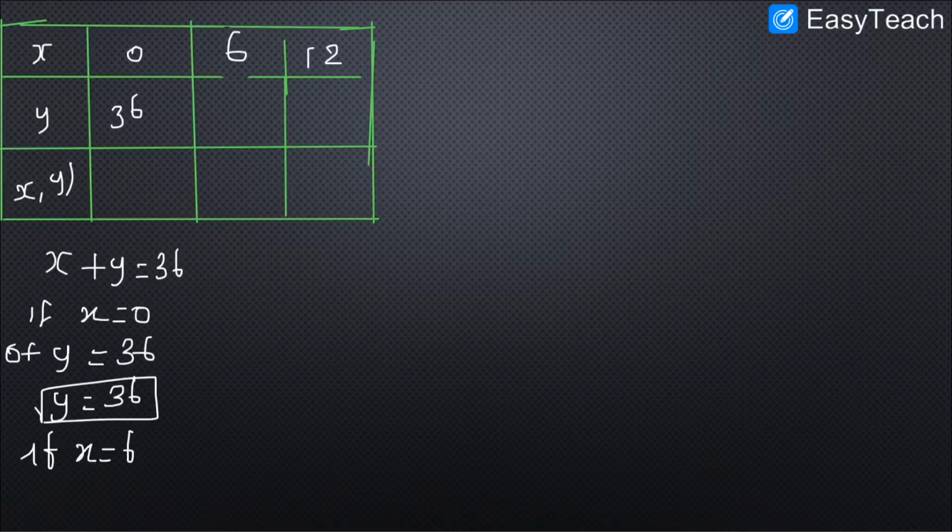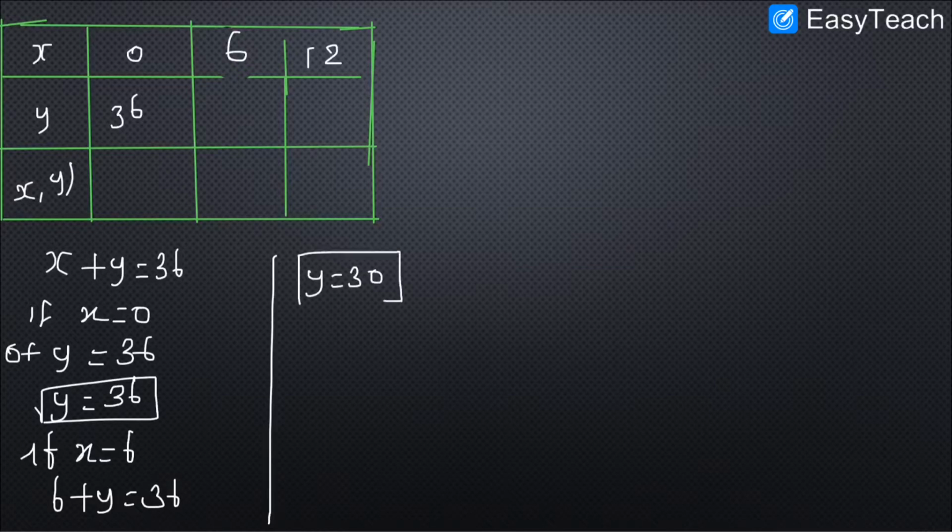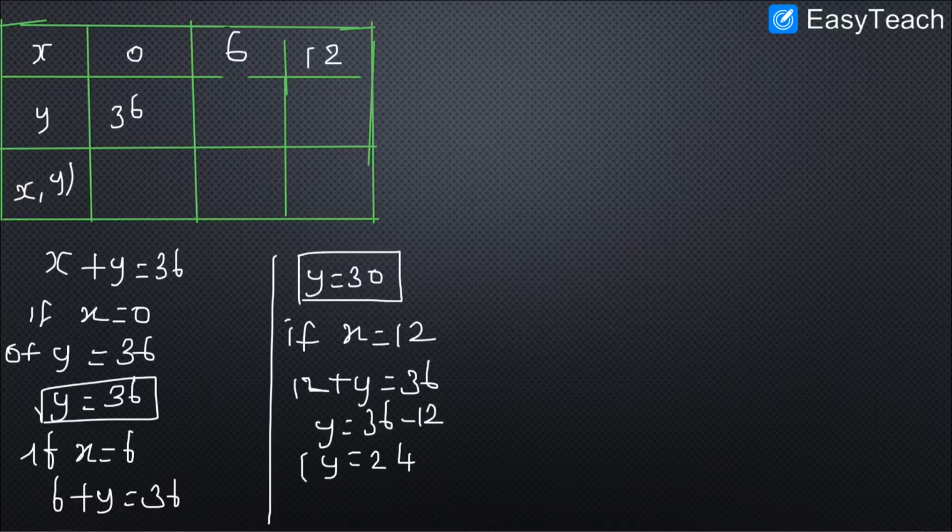If x equals 6, 6 plus y equals 36, so y equals 30. If x is 12, 12 plus y equals 36, y equals 24.